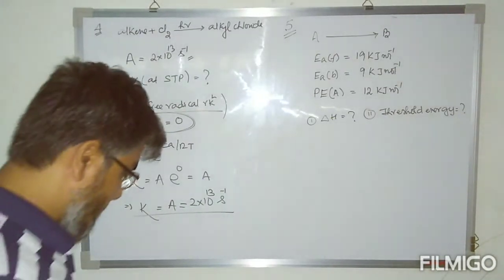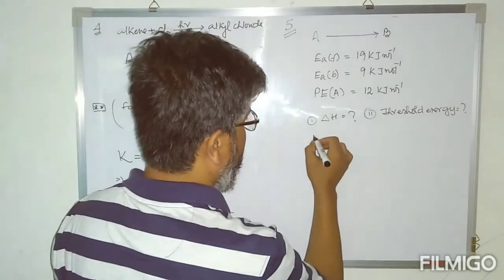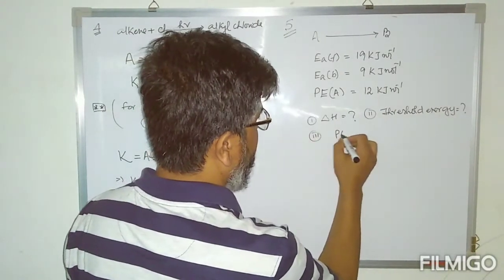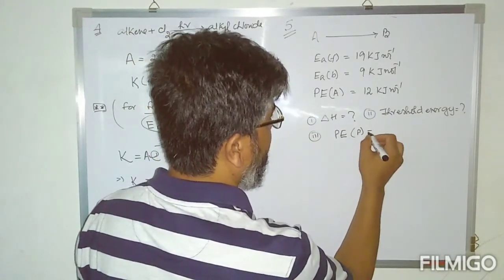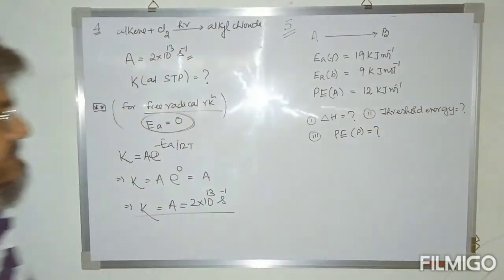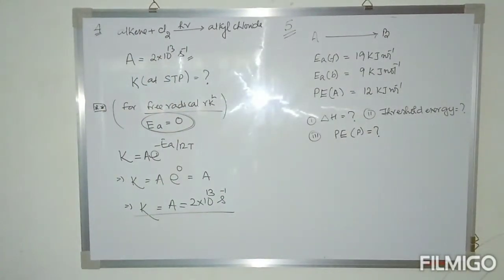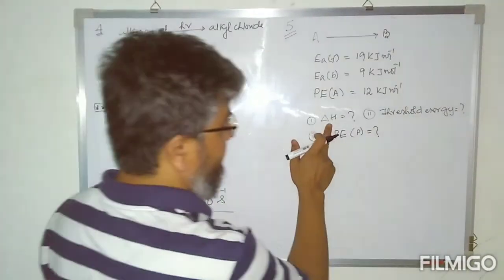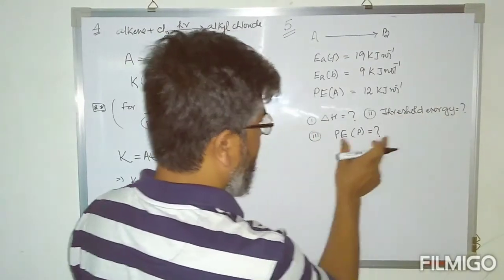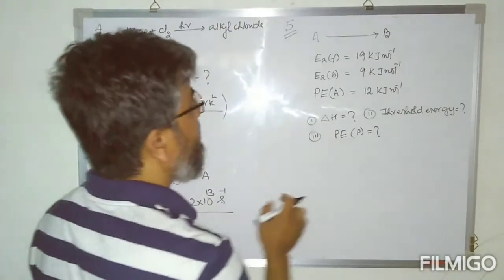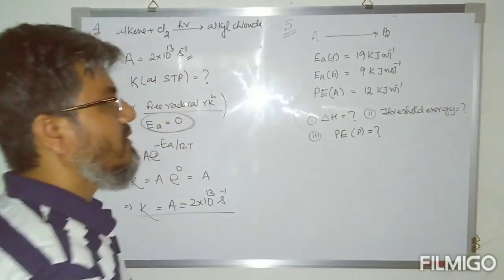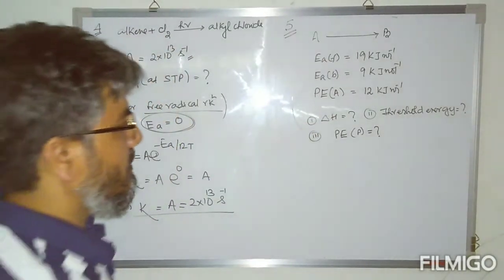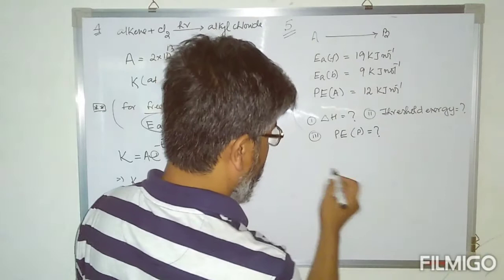And then it also says what is the potential energy of the product. Potential energy of the product. So we have to find this. What is delta H? What is threshold energy? And what is the potential energy of the product? Now for this again we have to recall the Arrhenius equation.